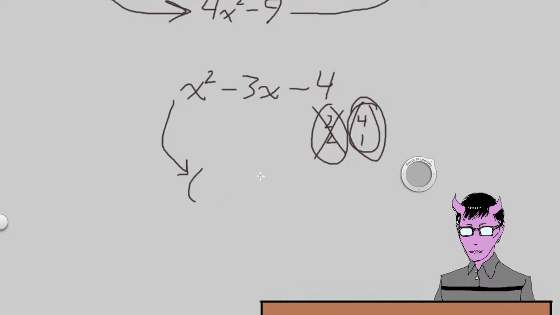So we write our skeletal factorization. We have the x squared production from this x times this x. Pretty easy. And then, of course, our hypothesis is for here, let me put the 4 there, and then the 1 right there, because 4 times 1 gets us 4. But we have a negative sign and another negative sign.